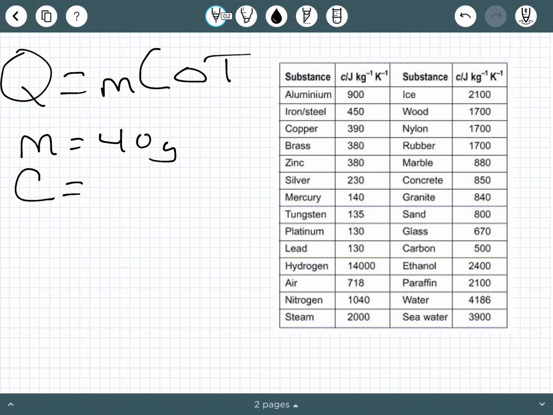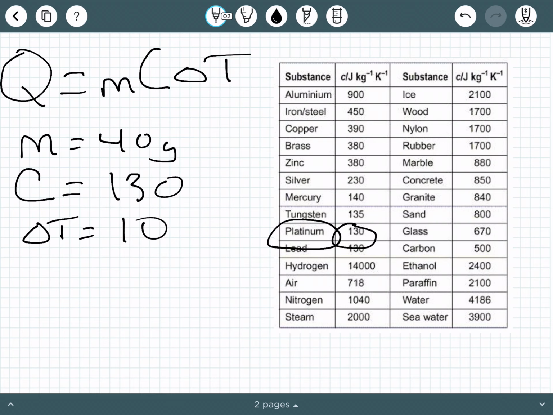You look at the table, and the specific heat for platinum is 130. And let's say I want to change that temperature 10 degrees.